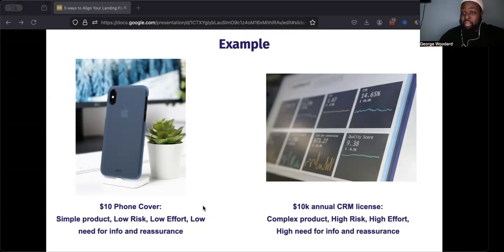They're already looking for a solution. So they have jumped pretty much from the unaware straight down to the product aware stage. And at this point, they're just trying to find the one closest to them in proximity that they know will be worth it. So $10, they swipe the card, go on about their business.